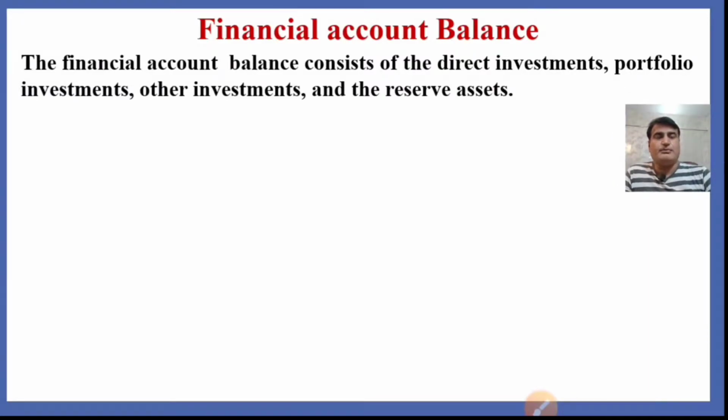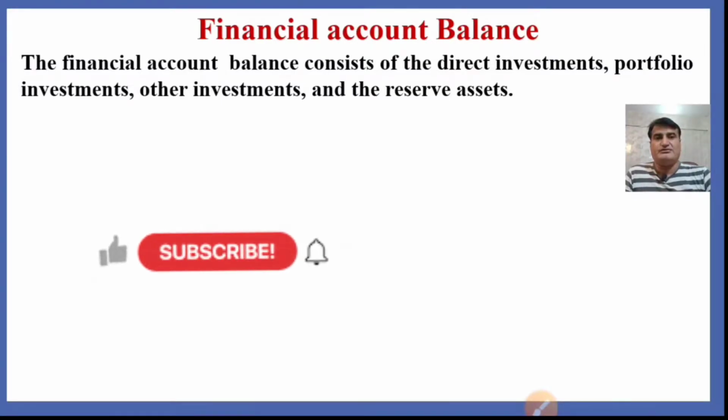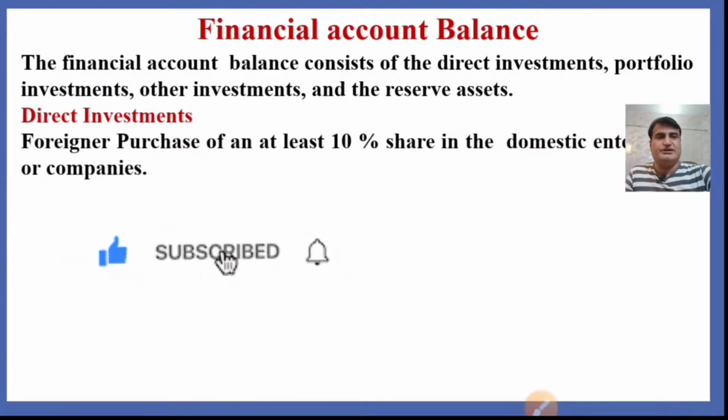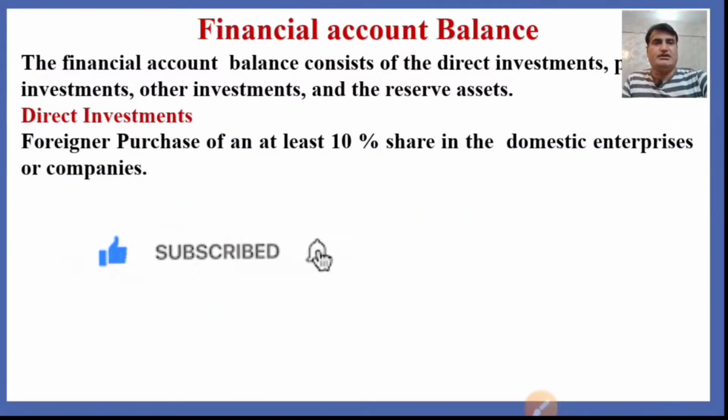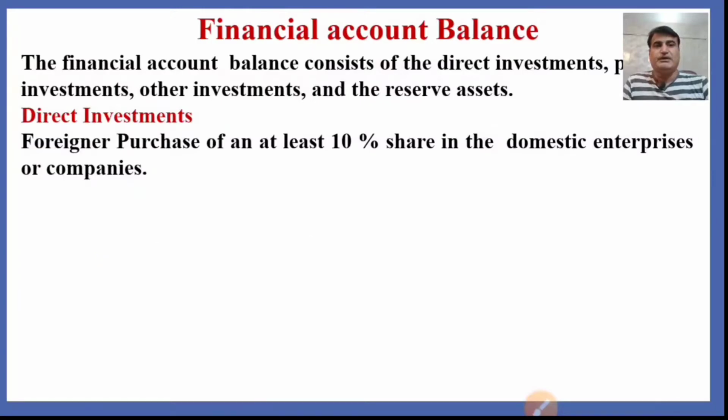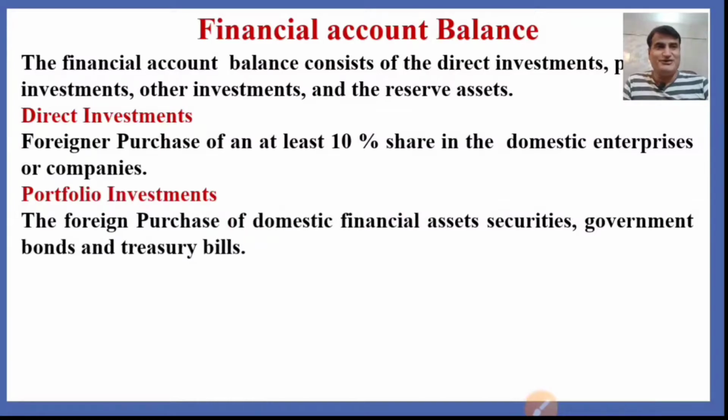The financial account balance consists of direct investments, portfolio investments, other investments and the reserve assets. Now, what is direct investment? Direct investment means a foreigner's purchase of at least 10% share in domestic enterprises or companies. What is portfolio investment?